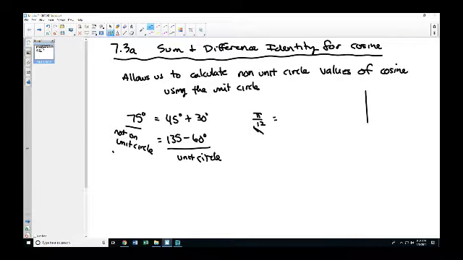So if you have the unit circle up here, pi over 6 is actually 2 pi over 12, right? And pi over 4 is 3 pi over 12, right? Making it 12. And this is 4 pi over 12, and we have 6 pi over 12.